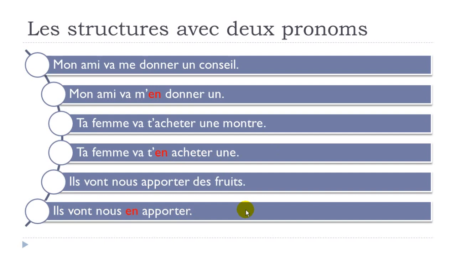When you've got one verb, whether it's simple or composed, the pronouns go before the verb. When you've got two verbs like here, with first aller and then your verb, donner here, remember that your pronouns will come before the second verb. But then the order will stay the same.